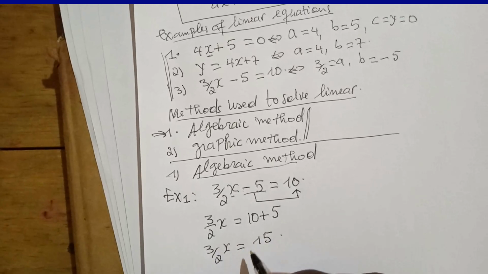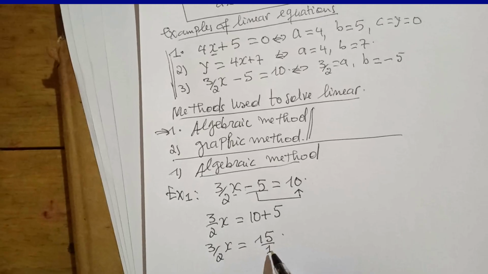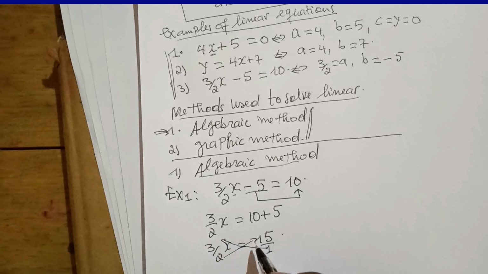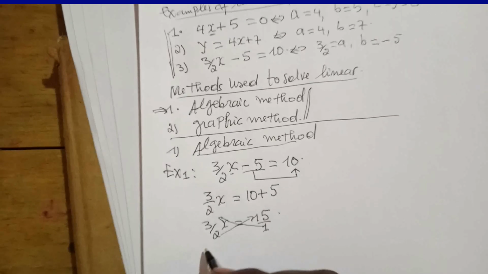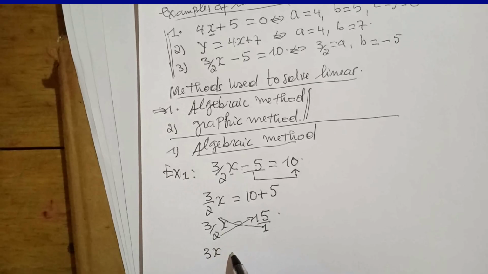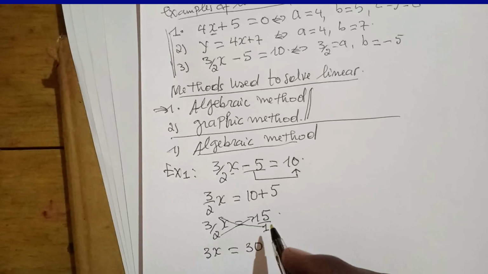Then you have 3 over 2 x equals 15. After this, we are going to make a cross multiplication. Here we have 1 multiplying by 3 and 2 multiplying by 15. Then here we have 3x, because 1 times 3 is 3, equal to 30, because 2 times 15 is equal to 30.